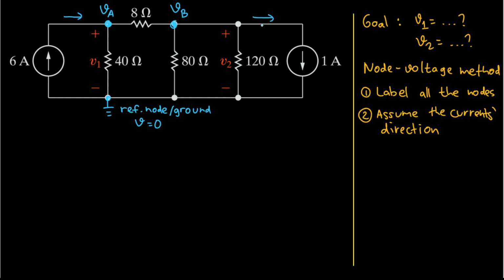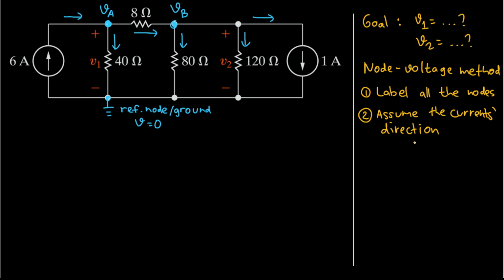But for the other components, we can assume it arbitrarily, but I usually assume the current is going down for the vertical components like this, 1, 2, and 3, all going down. And for the horizontal component, I usually assume it goes to the right, right? And I think we have labeled all the current assumption directions. Yeah, we have done all of the branches.